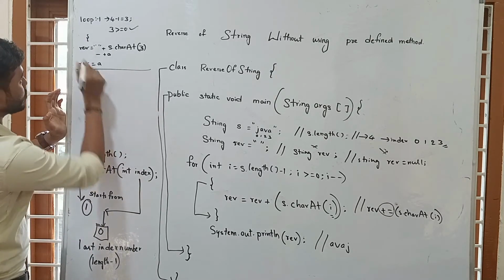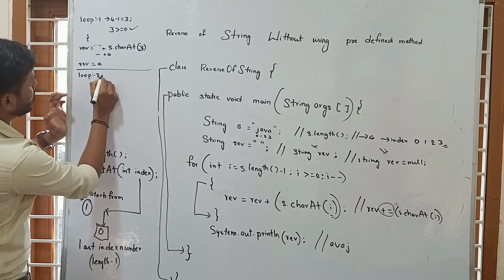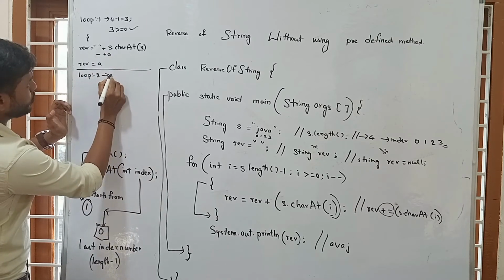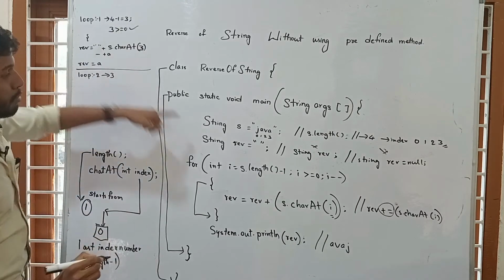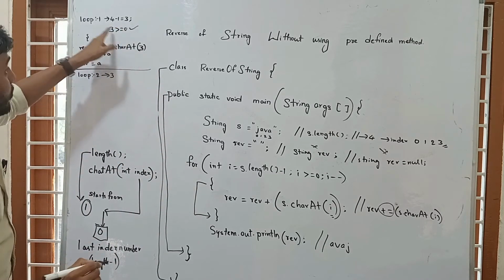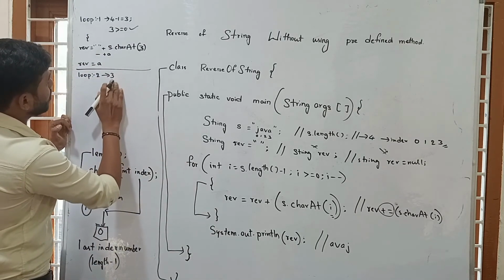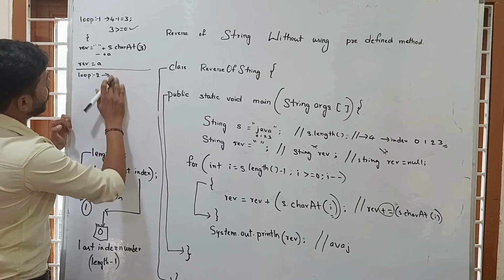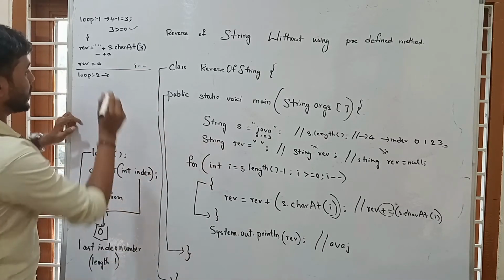Again it will enter into the loop 2. In that loop 2, what is the i value? Before, the value is 3. Now after that we have i minus minus, which means decrement.